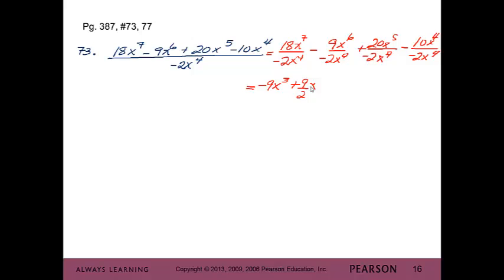Keep the x, and then 6 minus 4 is 2. And then keep going. 20 divided by negative 2 is negative 10. And then keep the x. 5 minus 4 is 1. And then negative and negative makes positive. And then, of course, 10 over 2 is 5. And remember, x to the 4th cancels out with x to the 4th. So here's the final answer.